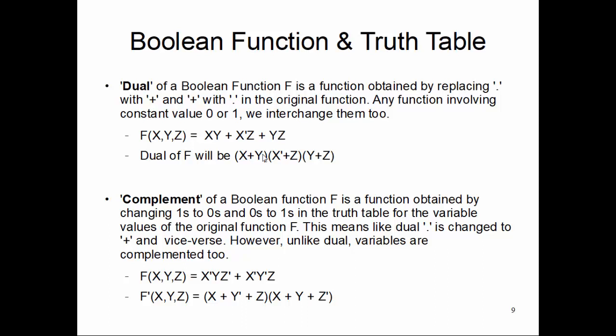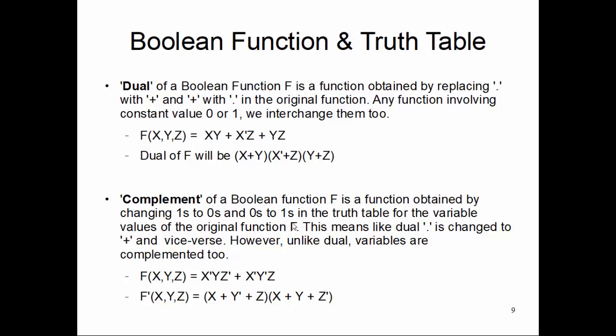Anyway, given that, for the dual of f, I need to change each dot to plus and each plus to dot. And if there is a 0 or 1, we need to interchange them, but this expression doesn't involve the constant value 0 or 1. So the dual form of this would be (x or y) and (x bar or z) and (y or z).